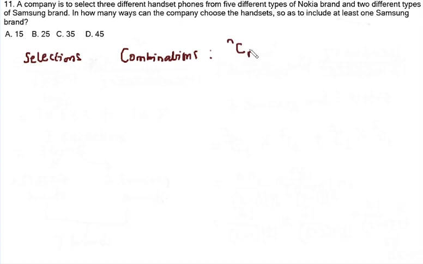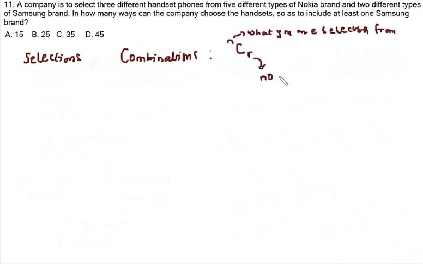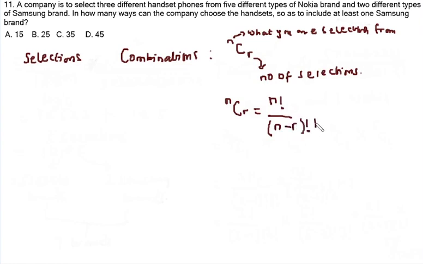Okay, so this is what you are selecting from, number of selections. The combinatorial coefficient of n combination r can be rewritten as n factorial divided by open bracket n minus r close brackets factorial and then r factorial. So if you have these 2 values, you can rewrite them as this.